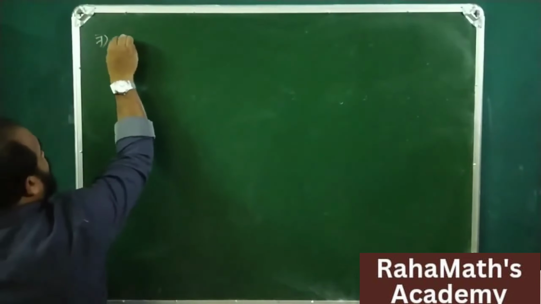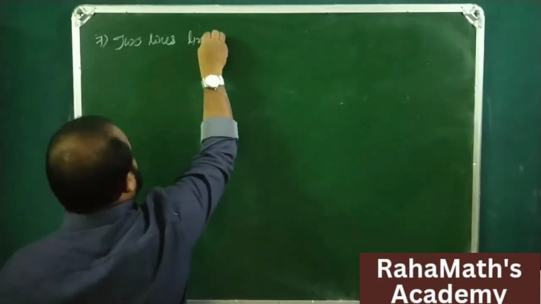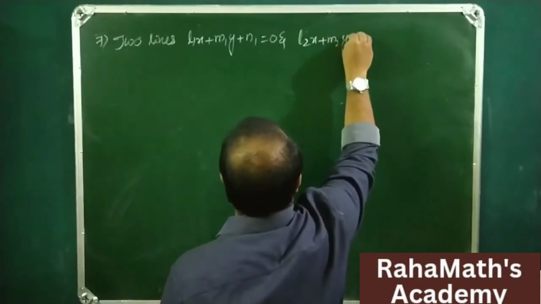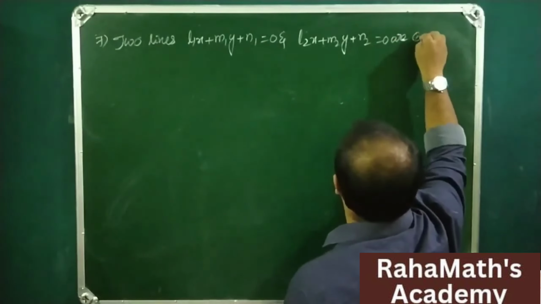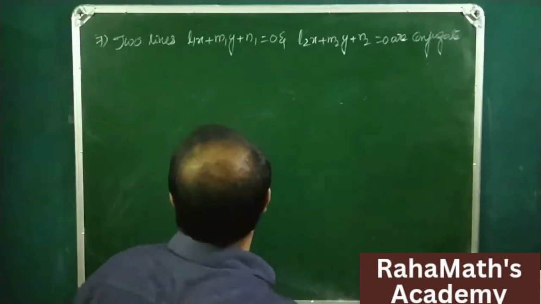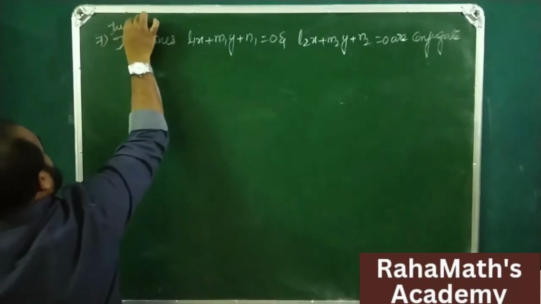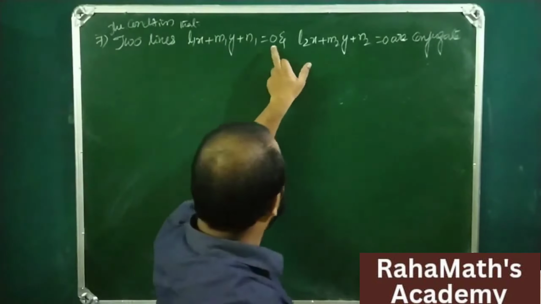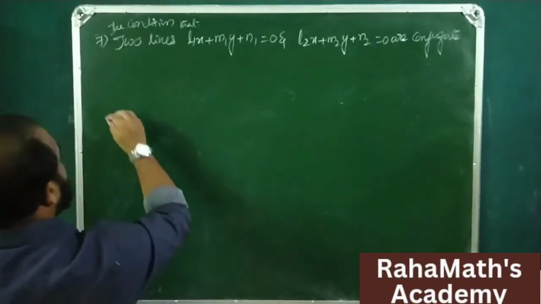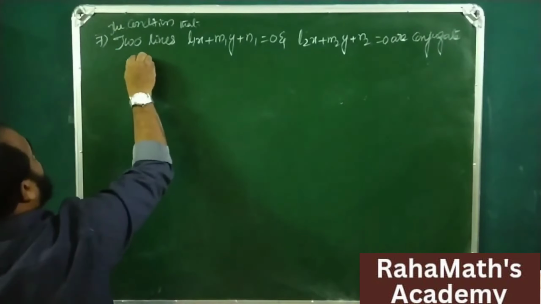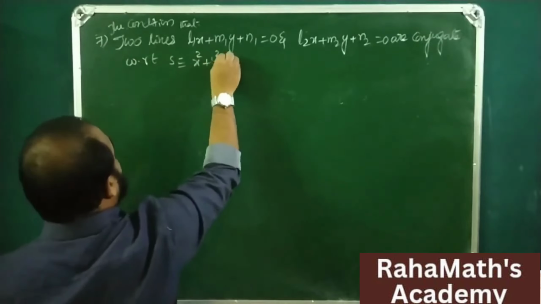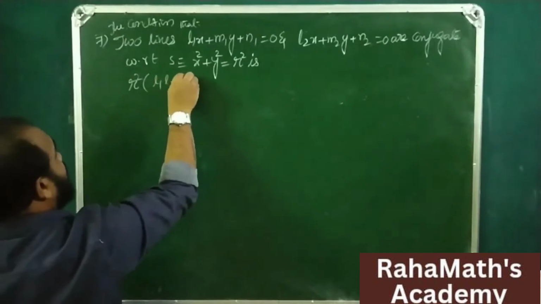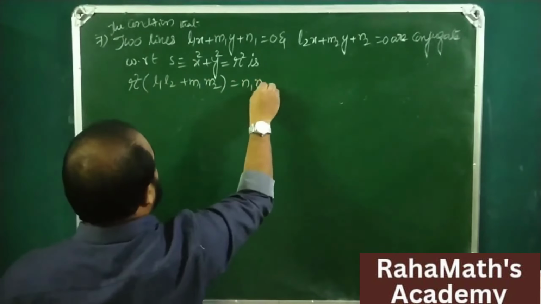Then the two lines L1x plus M1y plus N1 equals 0 and L2x plus M2y plus N2 equals 0 are conjugate with respect to the circle x square plus y square equals r square under the condition r square into L1L2 plus M1M2 equals N1N2.